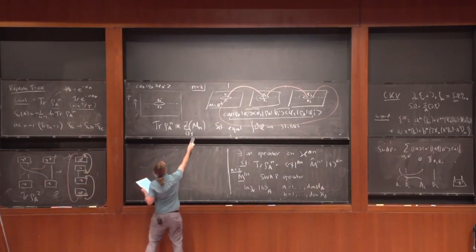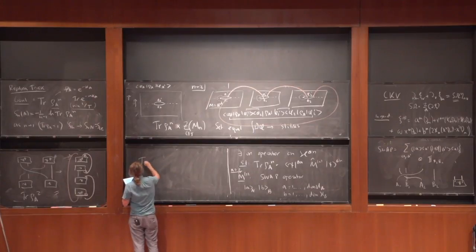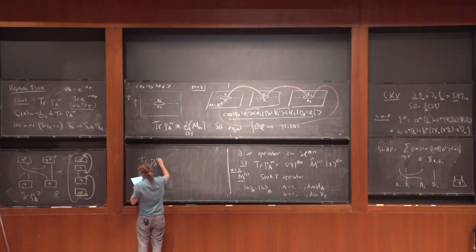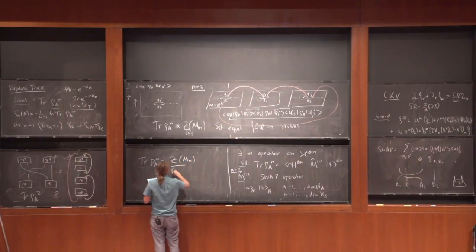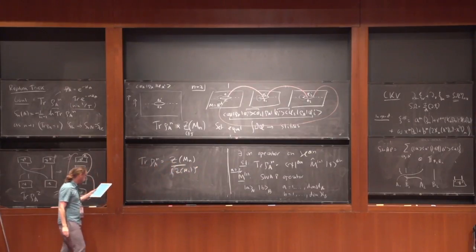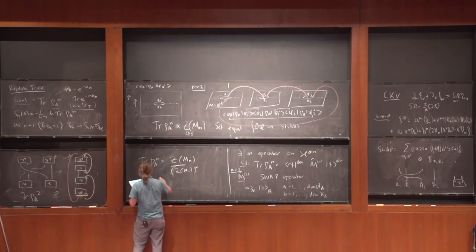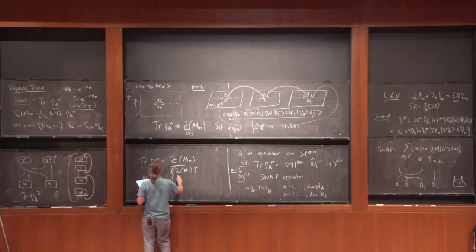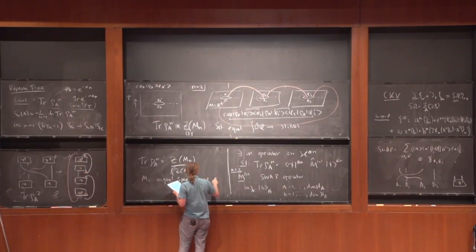So I have to divide by the partition function when n is 1, n times. So then the correct formula is the Z of Mn divided by Z of M1 to the nth power. And so M1 is the original space without these branch cuts.